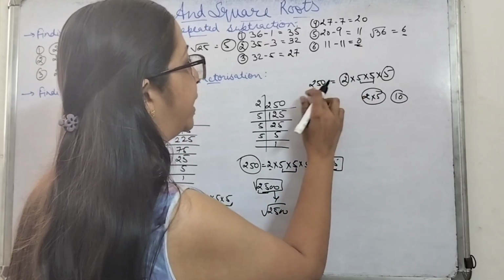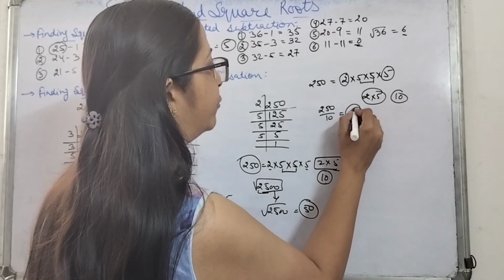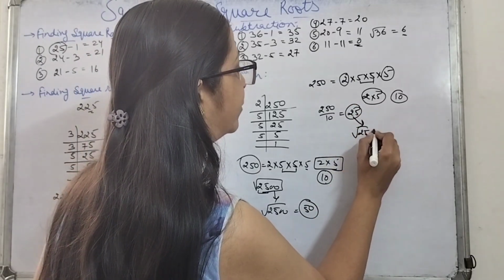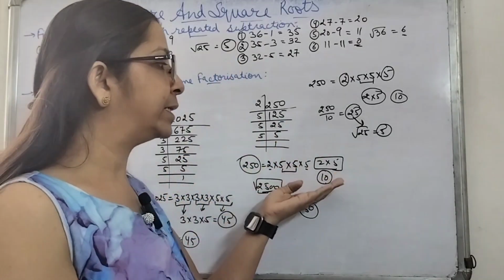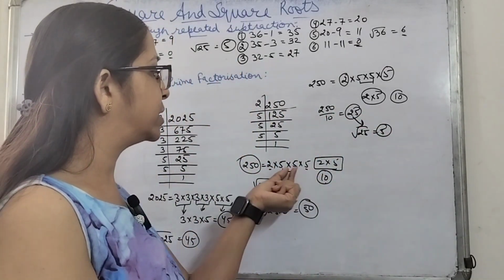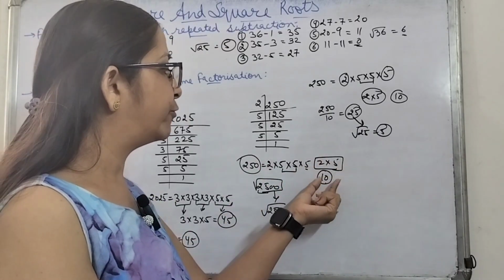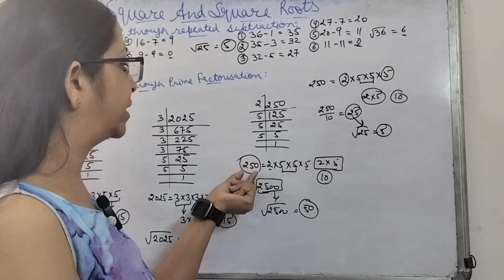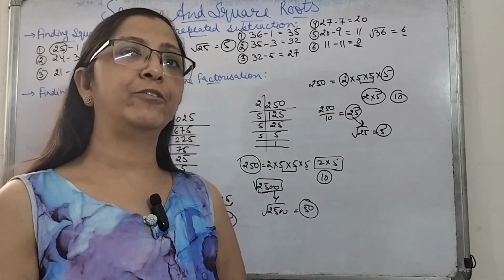And if we divide 250 by 10, it becomes 25, and the square root of 25 is 5, right? So whether it is to be multiplied or divided, in both cases, whatever numbers are unpaired, just multiply all those numbers, and if you divide or multiply the given number by that number, you will get a perfect square.